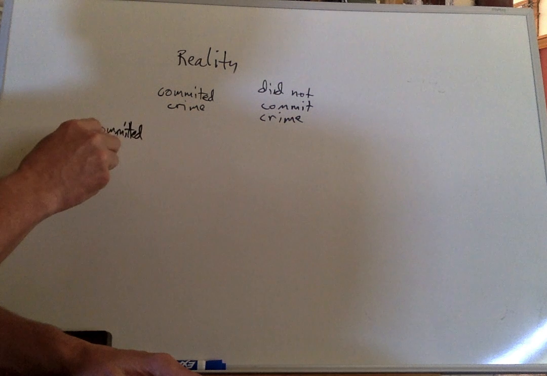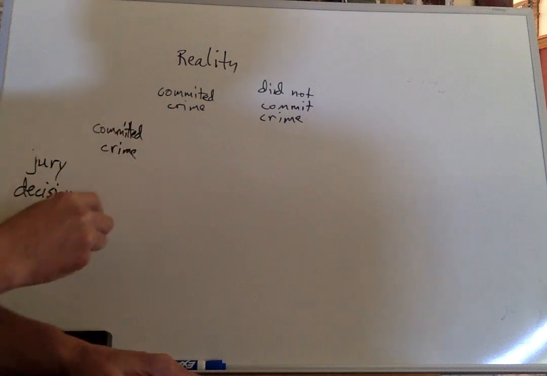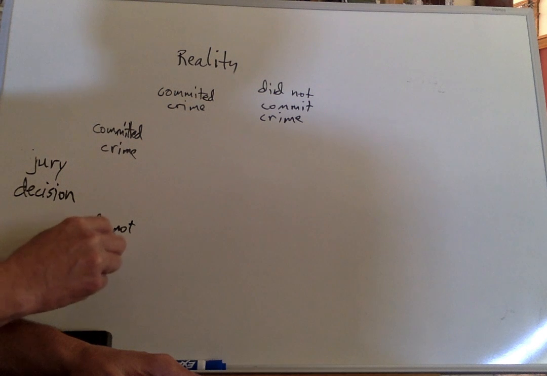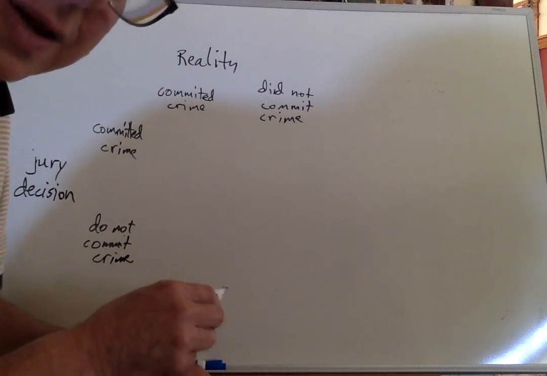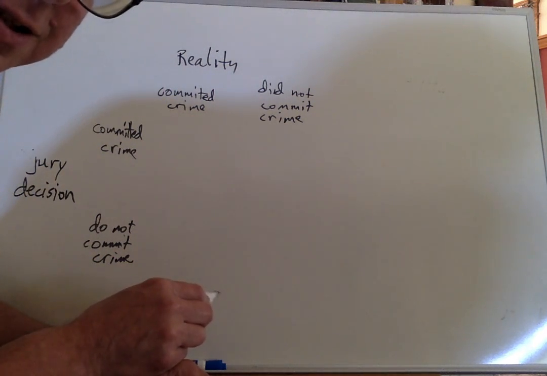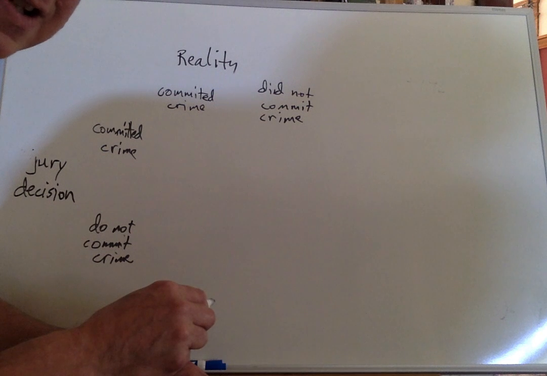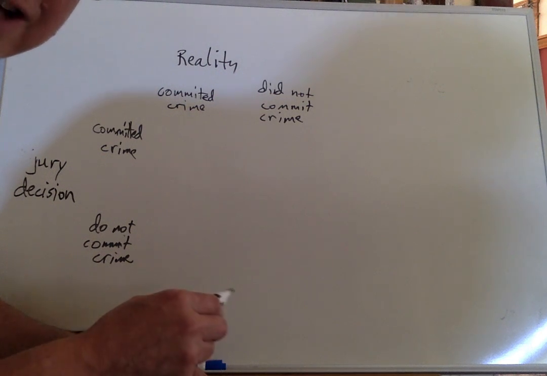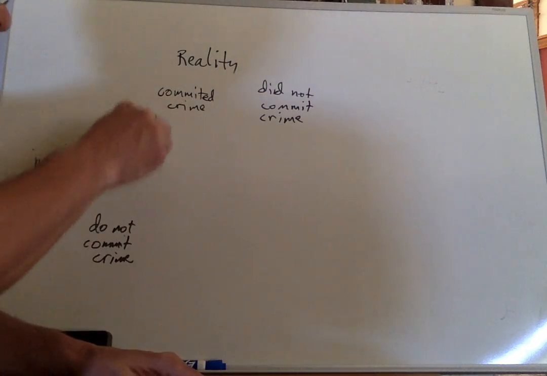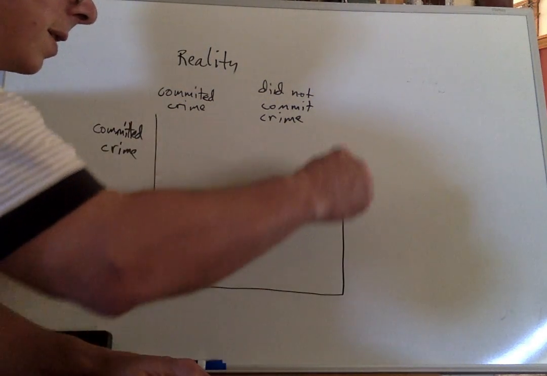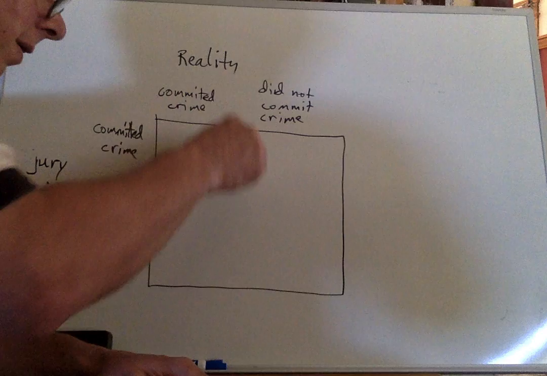That is, they'll say they're guilty, or they'll say they did not commit the crime. They'll say not guilty. You ever wonder why they don't say innocent? They never say innocent. They either say guilty or not guilty, right? Because you can't prove a negative. All right. Anyway, this sets up, once again, a nice matrix.